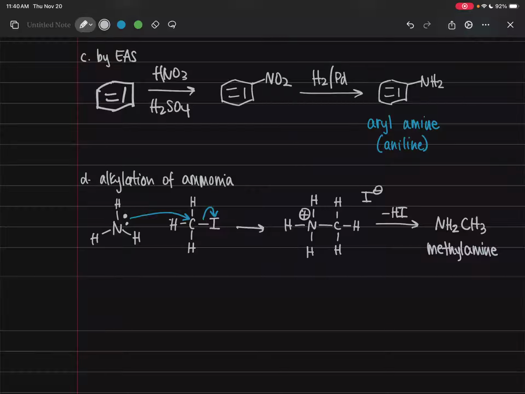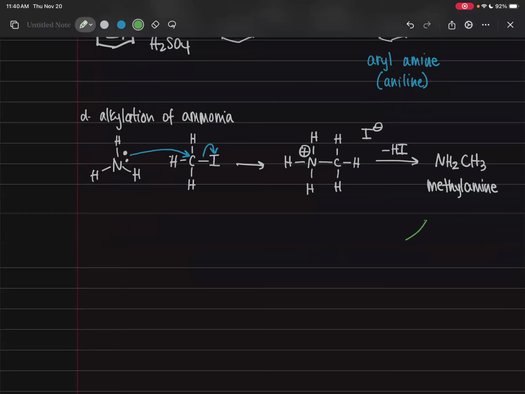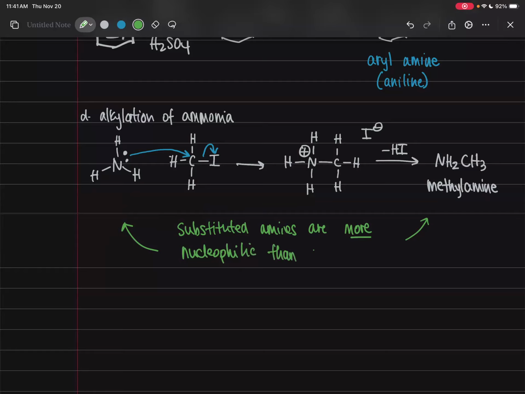The problem is when we compare these two amines, ammonia versus methylamine, substituted amines are more nucleophilic than ammonia.